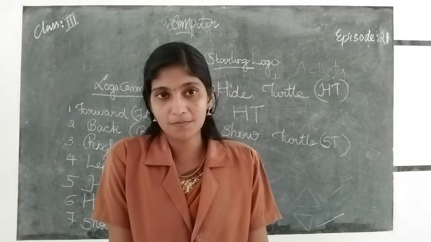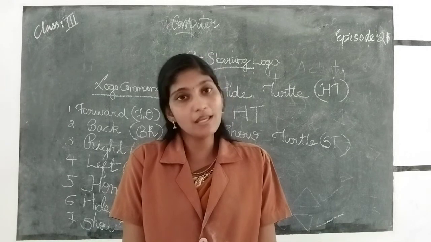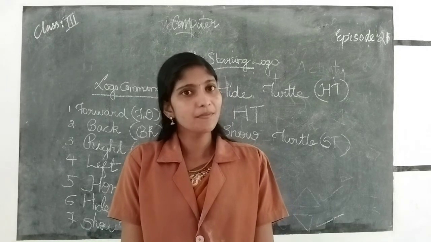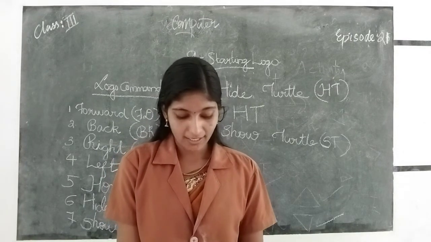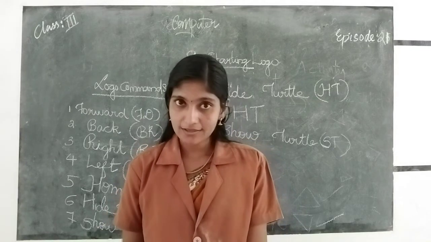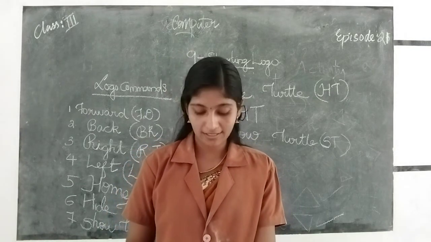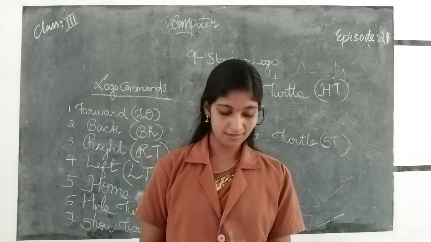The input box is the place where you can type input commands like RT 90 or LT 90. The execute button makes the turtle act on the command given. To execute means to run the command.